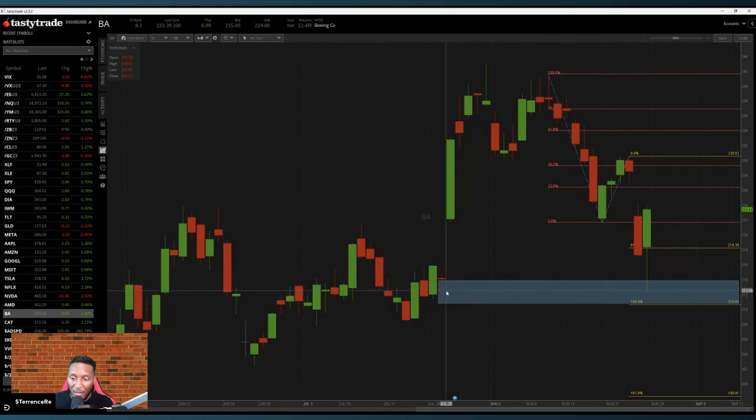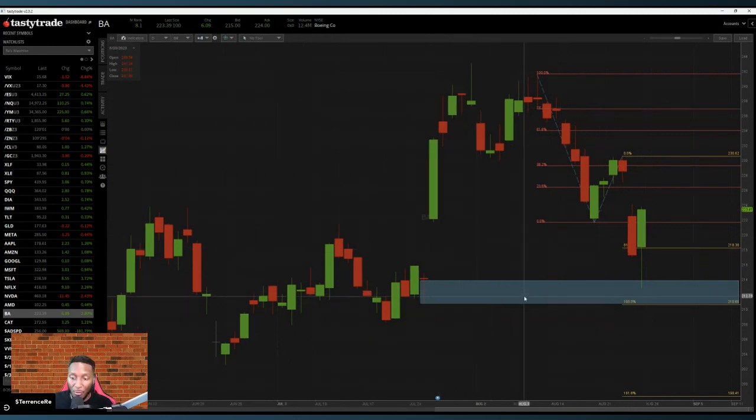This wick identified that the market was running down to here, and then buyers came in and bought it all the way back up to here. This also shows where buyers came in and bought this stock up, and it even gapped up the next day and ran up. So this would identify as a support level.